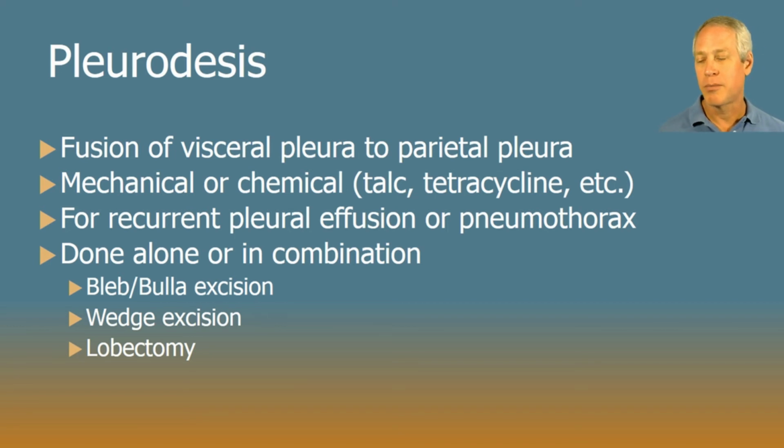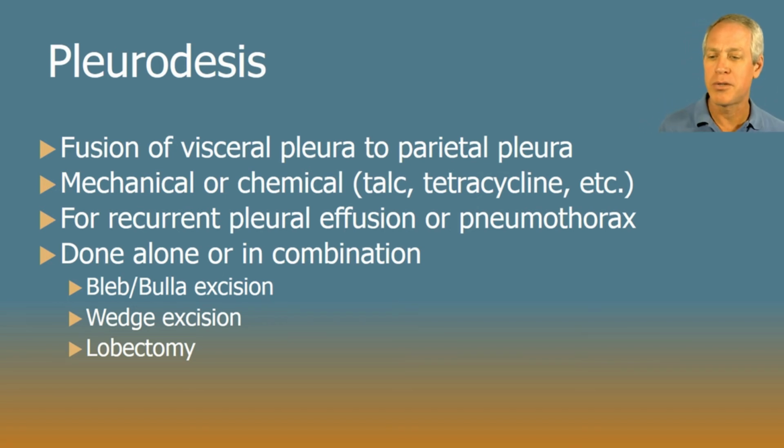It only makes things like lung transplants more complicated because the pleura are now fused together and therefore less able to remove the old lung and put in the new with a nice pleura. Also, lung resections are more complicated. They will need to be done open with removal of the parietal as well as the visceral pleura, whereas there's no longer a space in between where we can distinguish the lung for the resection.